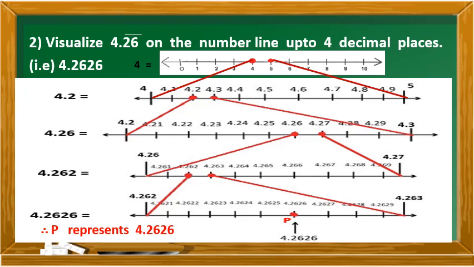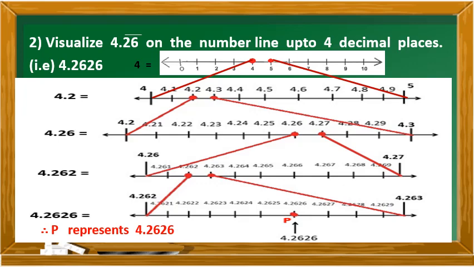Circle 4.27. Now the next number line, we have to divide it into 10 equal parts, and the first part we have to write as 4.26 and the last 10th part we have to write as 4.27. Now start marking 4.261, 4.262, 4.263 and so on till we reach 4.269 and at last 4.27.